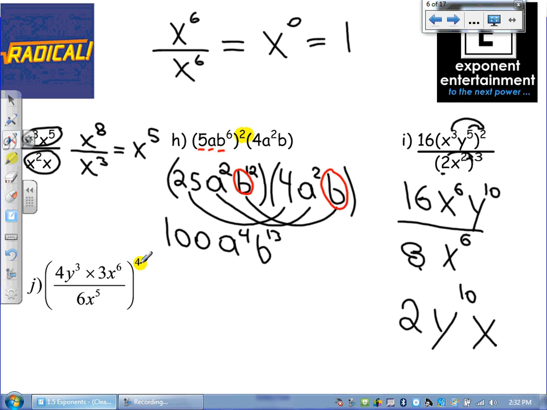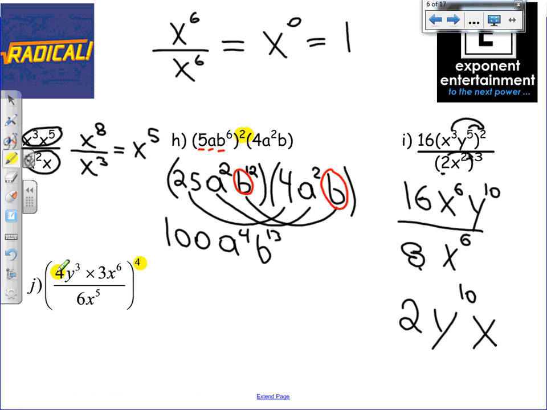What do we have to do with that 4 and that 3 before we can bring them in? They're inside the bracket, so we have to deal with them first. Joe's right. We need to multiply the 4 and the 3 first.